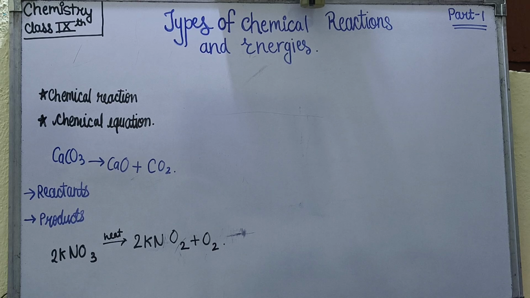The reactant is potassium nitrate KNO3 and the product is potassium nitrite KNO2 plus the other one is oxygen.